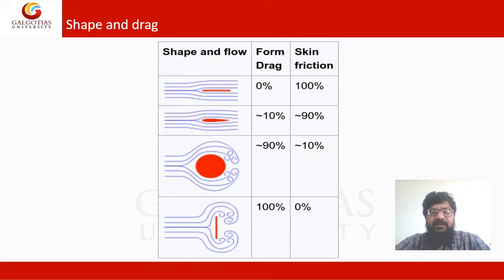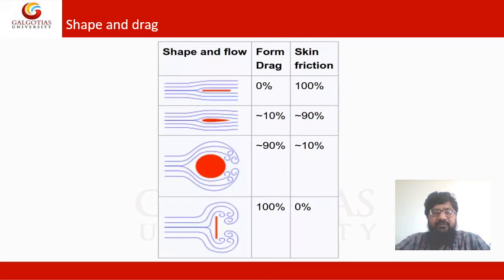For a very thin airfoil, the form drag is 10% and skin friction drag is 90% because of the very small wake formation at the rear end of the aerofoil.